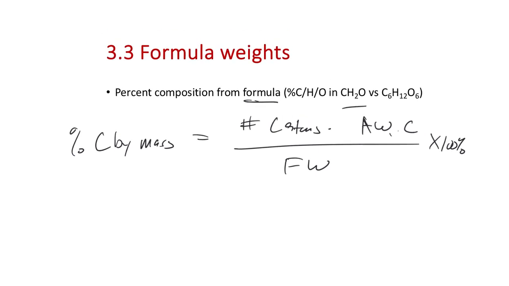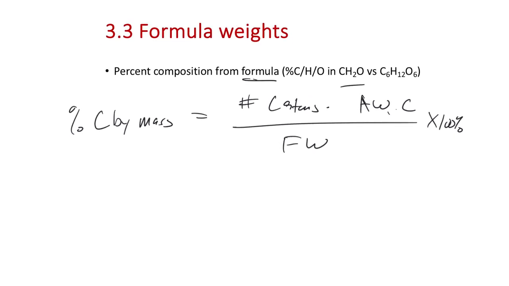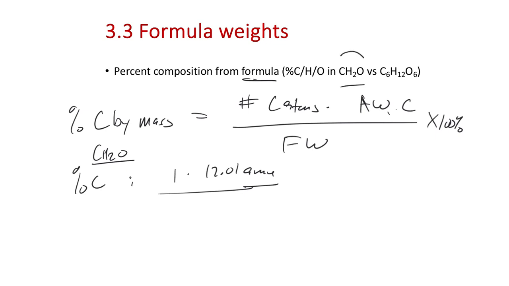So if we were saying what's the percent C in CH2O, we would say, okay, we have 1 carbon times 12.01 AMU as the atomic weight of carbon. And then we're going to divide by the formula weight. So the formula weight here would be 12.01 plus 1.008 times 2 plus 16.00. So the formula weight is 30.03.